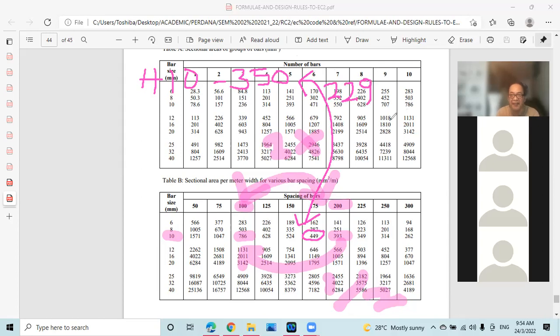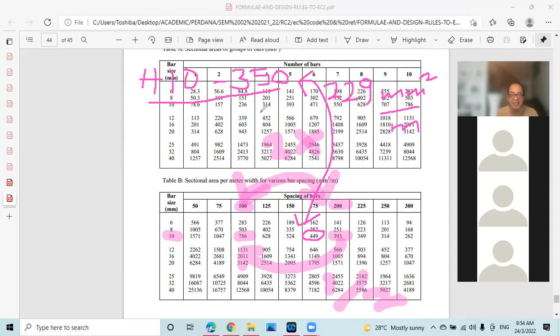Say 229. So this area of H10 at 350 is 229 millimeter squared per meter. Okay. So this value of 229 is taken as half of 449. 449 is spacing 175, which is half the spacing of 350.